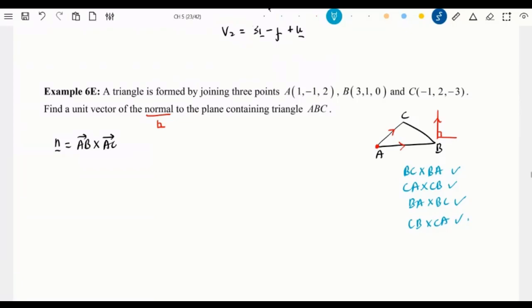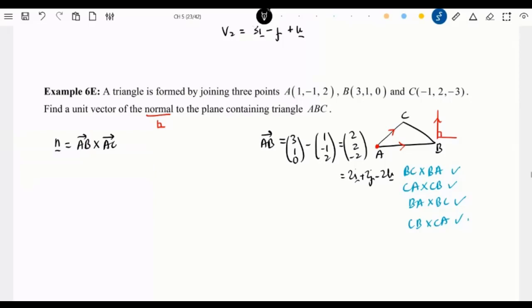Okay, so AB. We find AB first. How do we find AB? What minus what? B minus A. So we have 3, 1, 0 minus 1, negative 1, 2, and we end up with 2, 2, negative 2. So as a position vector it is 2i plus 2j minus 2k.